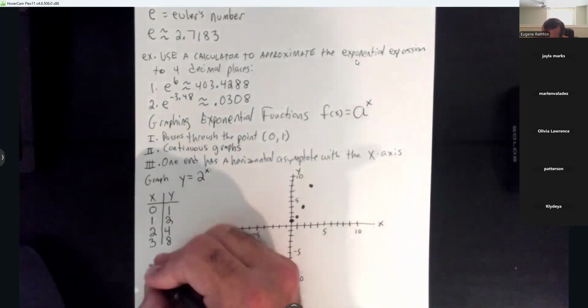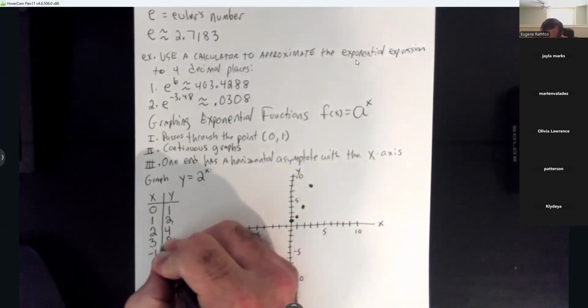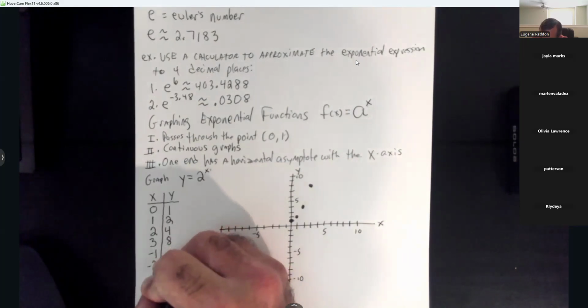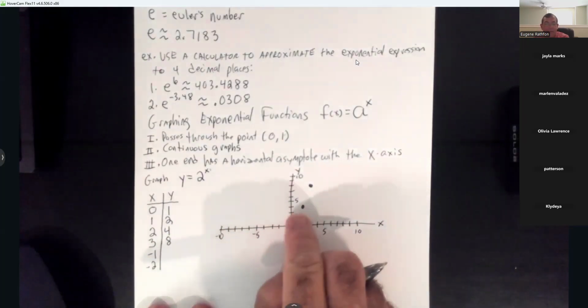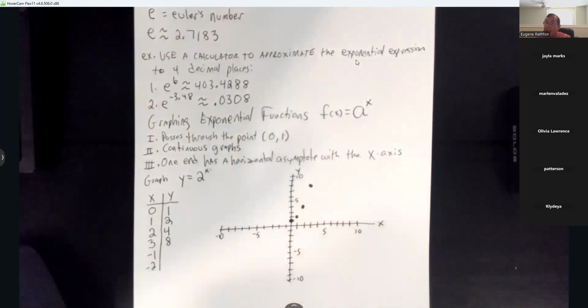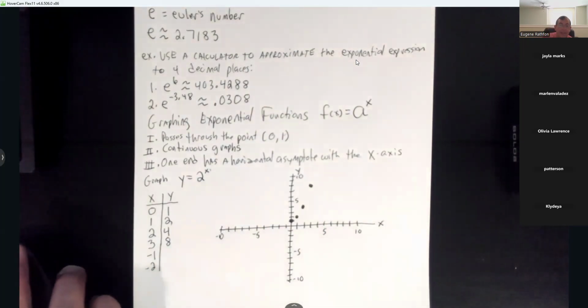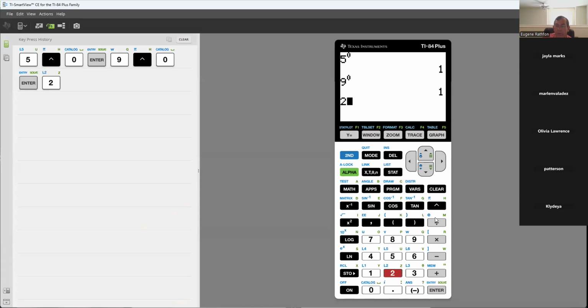Now on this left side, I'm just going to do a couple negative ones so you can see how this one's trying to get closer to the x-axis. All right, y'all, so 2 to the negative 1 power. If you want to use that calculator, you can do 2 exponent negative 1.